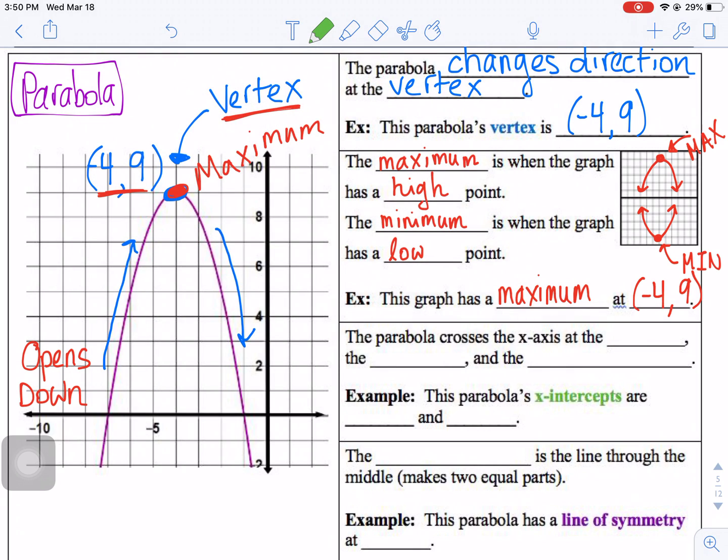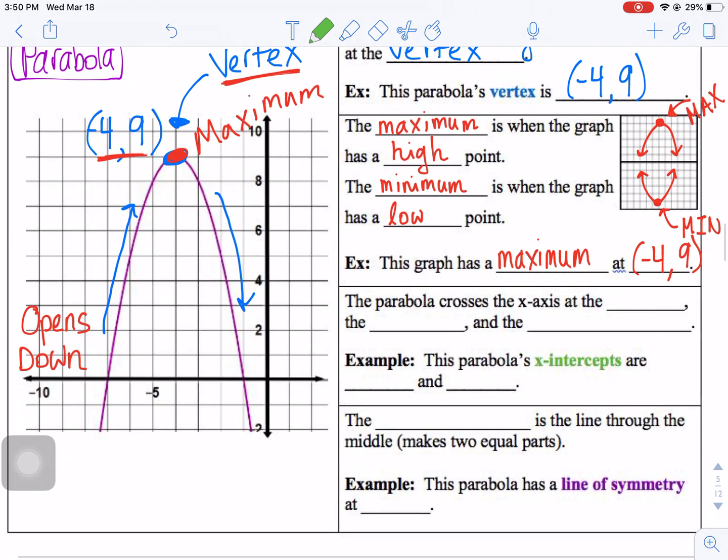The next part I'm going to color in green. So we're still on the right side. The parabola crosses the x-axis. So if you look on the left at our graph, the x-axis is this axis, the horizontal one.